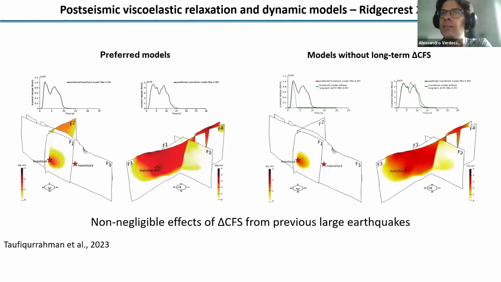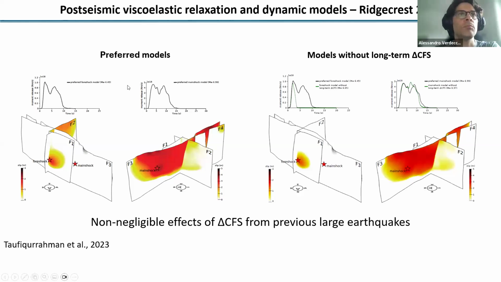An interesting way we can use these results is also in dynamic models. This is what Tofik did in his paper in 2023, where he used our results of stress accumulation on the Ridgecrest faults as an input, or one of the inputs, to do dynamic models of the two events.